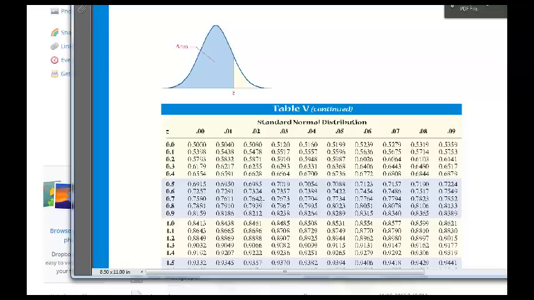All right, so what number are we looking for? Was it greater than or less than? Less than 0.38. So I'm going to come down to 0.3, and I'm going to go until I'm beneath 0.08, and so I've got 0.6480.